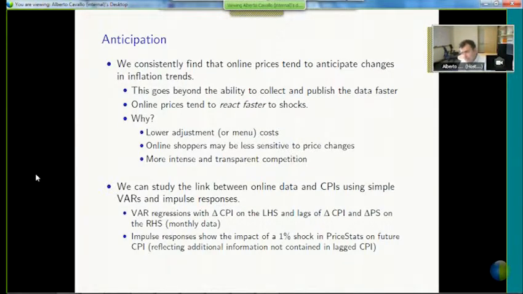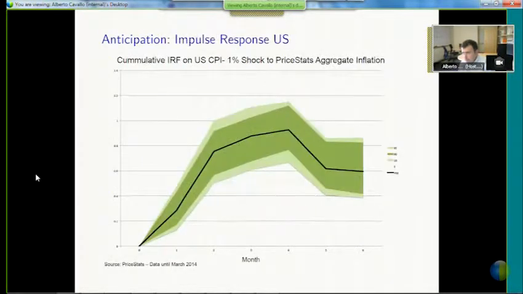I'm somewhat out of schedule, so I'm going to jump to the anticipation exercise to find out if we can anticipate CPI statistics for the United States. This graph summarizes it. This is when we have a shock in our data. How much does it take for it to be fully expressed in the CPI index in the United States?